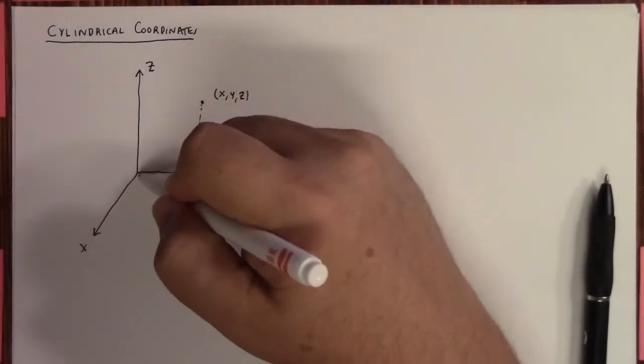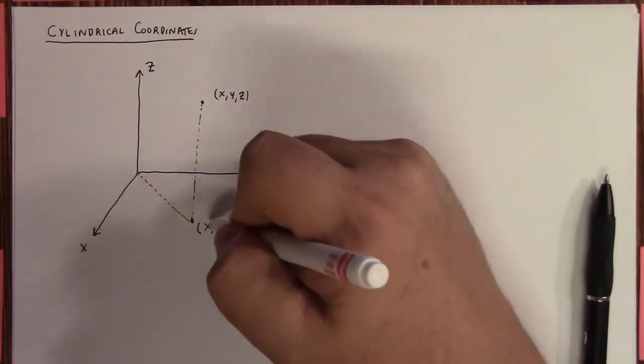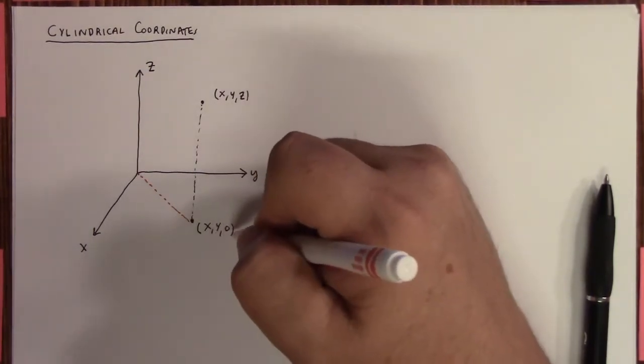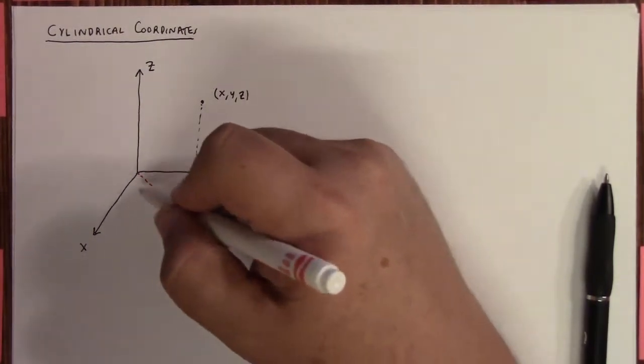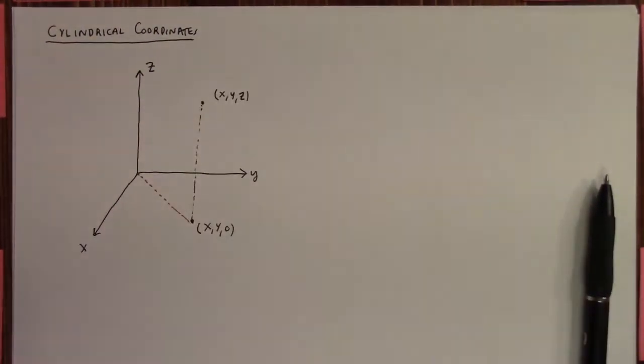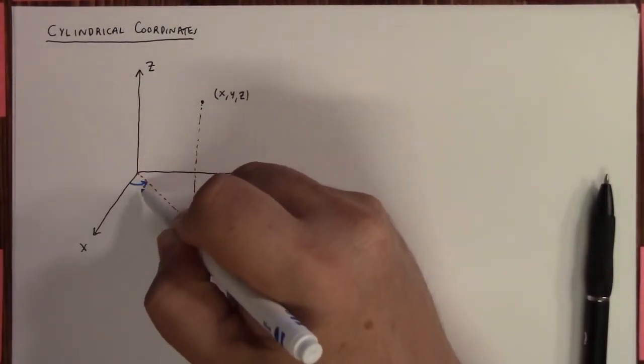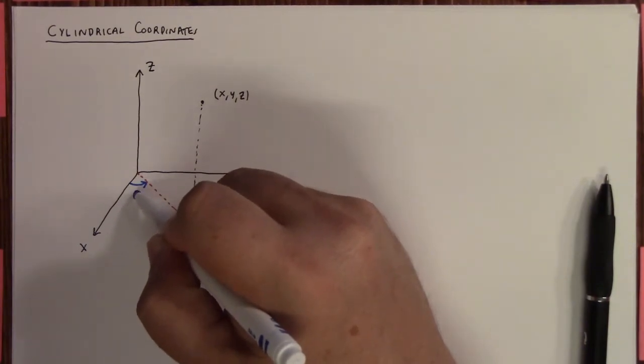But what you do is you draw the line which connects the origin to that point x, y, 0 in the xy plane, and then we do what we were doing before, which is namely to define the standard angle to sweep out from the positive x-axis.